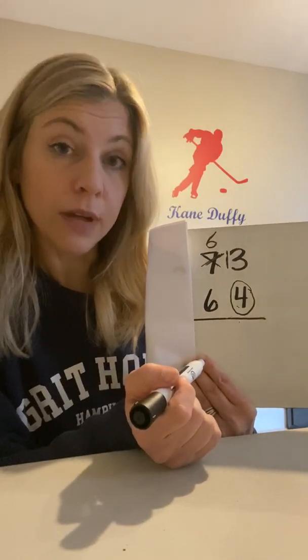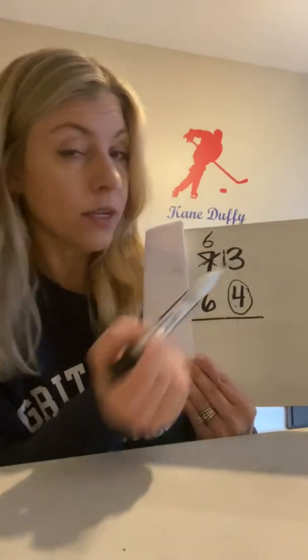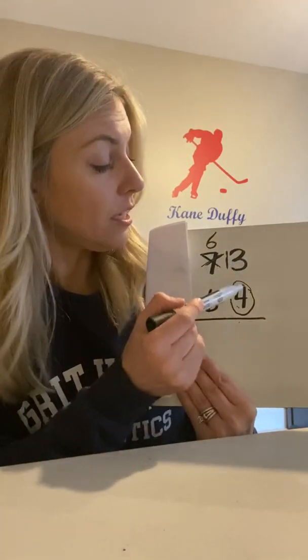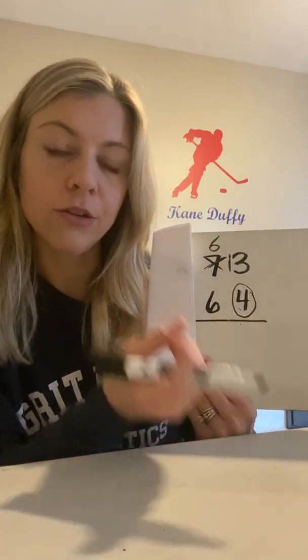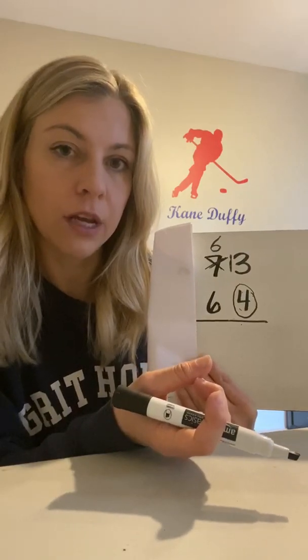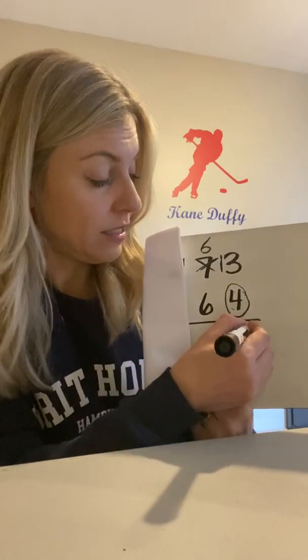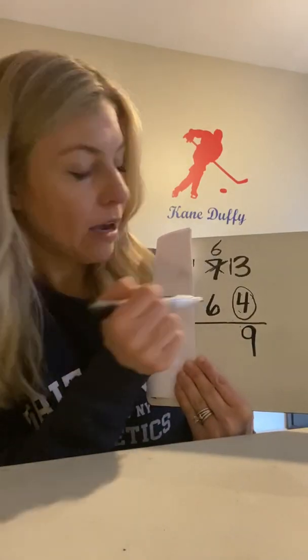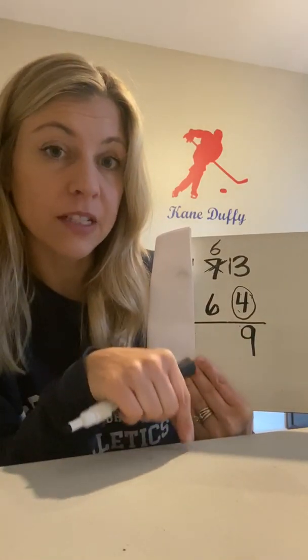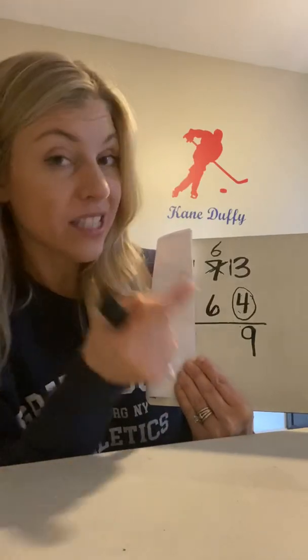Okay, so now I can solve the ones place. 13 minus 4. You can draw circles, you can use your number line, you can do whatever you have to solve that, okay? 13 minus 4 is 9. Now I'm going to do the same steps in the tens column. Look at the tens.